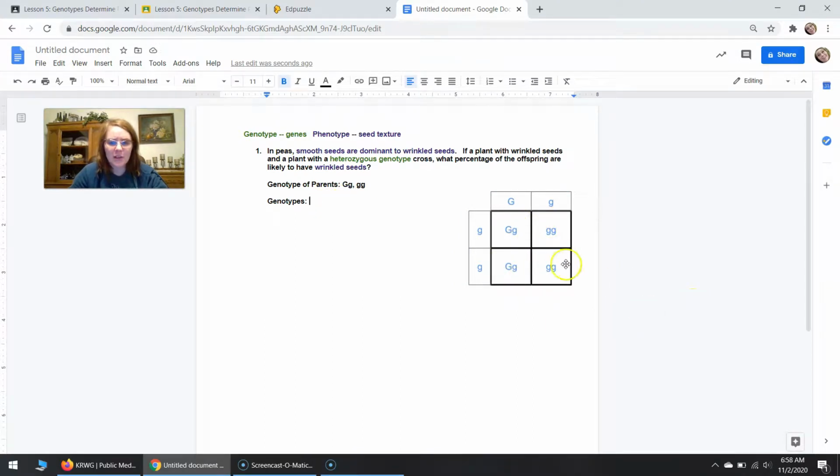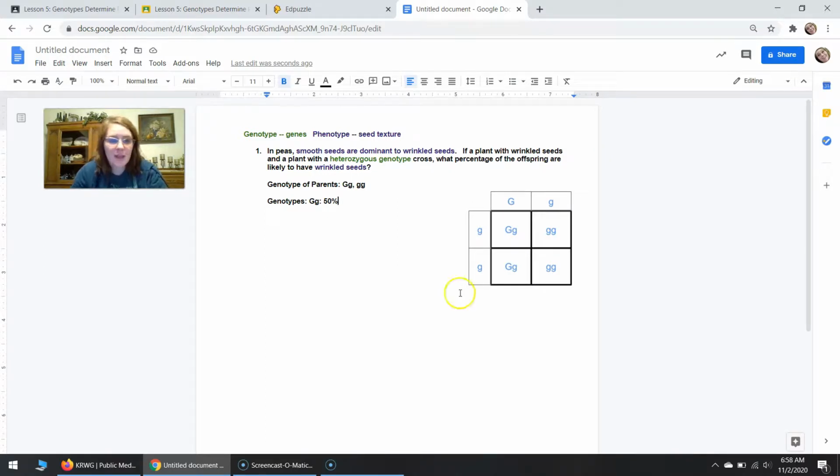Okay, so I'm going to look in here and there is no big G, so I only have two options. I have big G, little g, which is heterozygous, and for that one, the percentage is going to be 50% of the offspring. So when you're looking at a Punnett square, you're only going to have 25%, 50%, 75, 0, or 100.